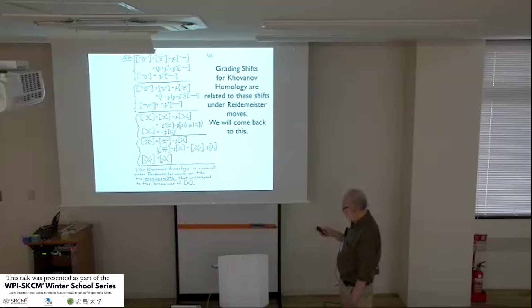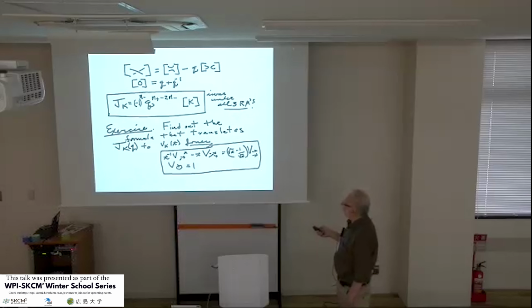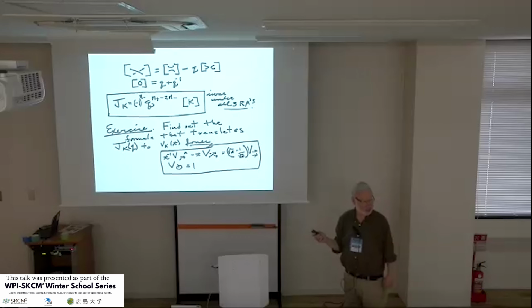So we're going to use that, and this is the normalization. For an oriented knot, just like when you calculate the writhe, you take -1 to the number of negative crossings, and then Q to the number of positive crossings minus 2 times the number of negative crossings.